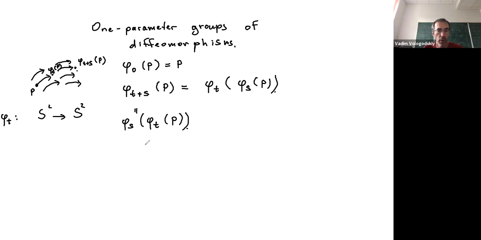Now, this property that we have here can be expressed as saying that we have a homomorphism of groups. So R is the group of real numbers under addition, and so this phi, right?